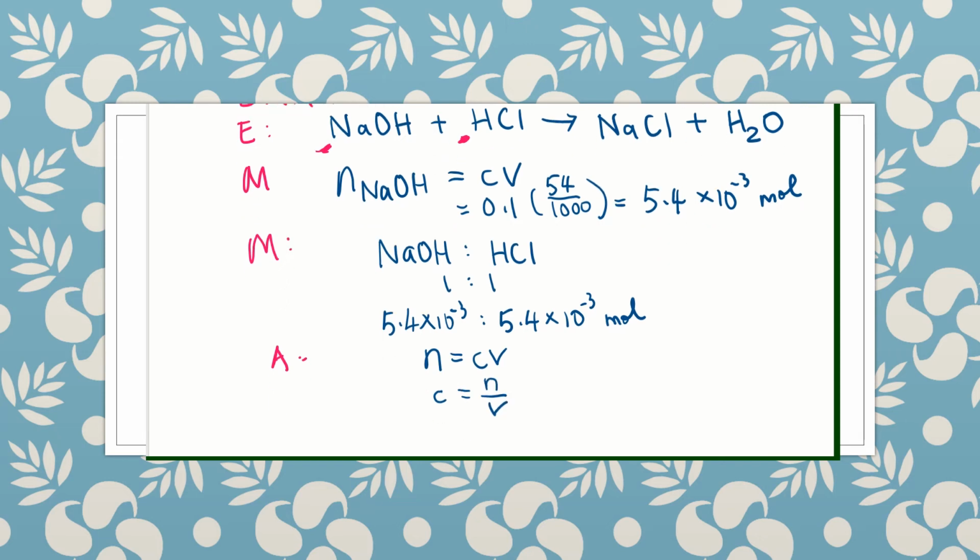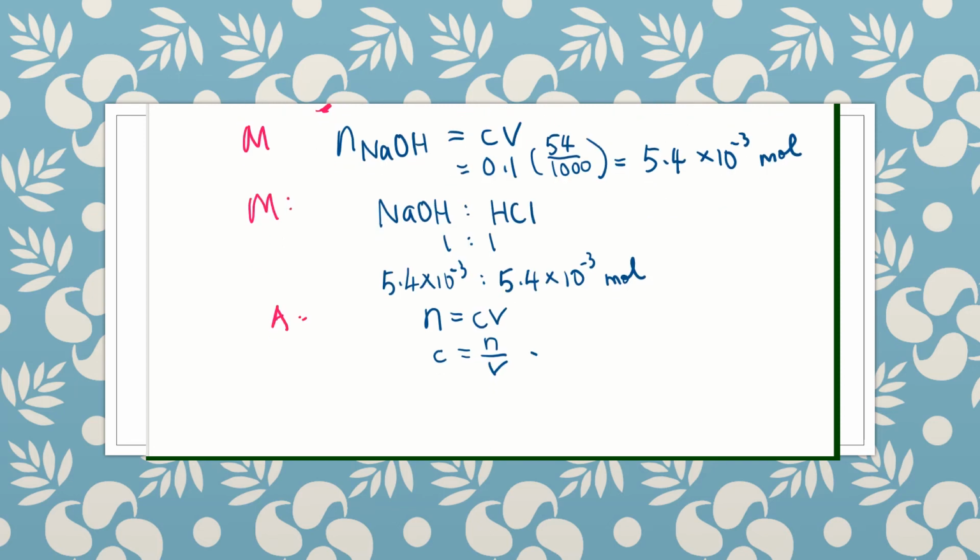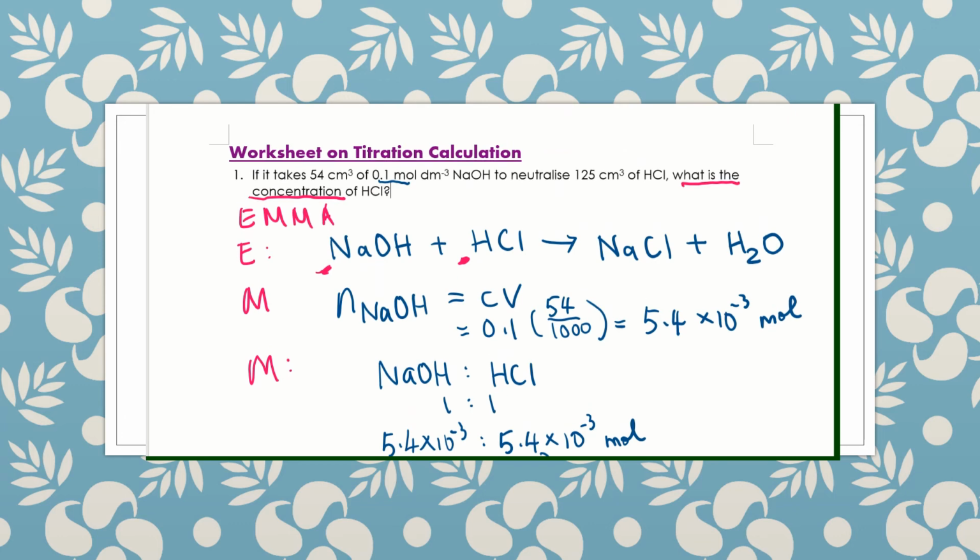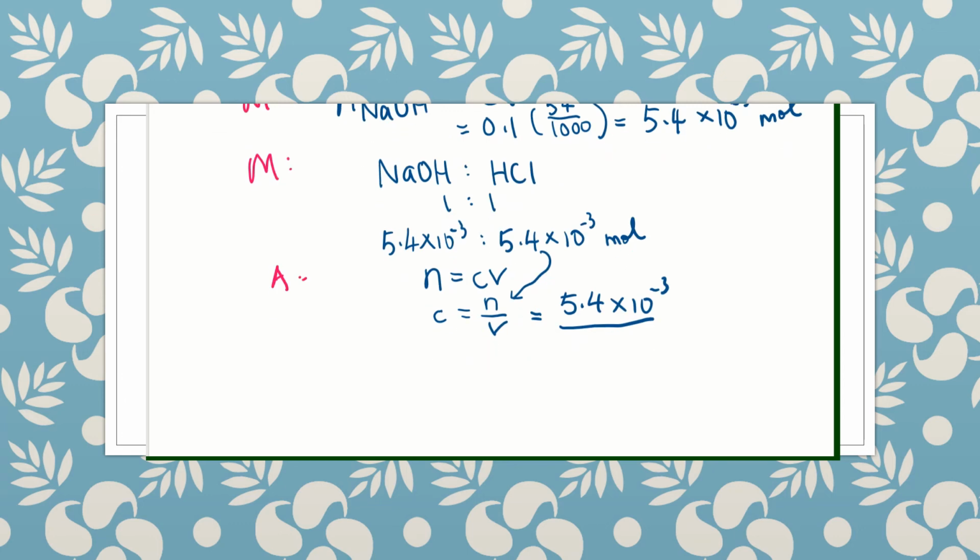The n is the number of mole, so I'm going to substitute n here as 5.4 × 10⁻³, and the volume given in the question is 125 cm³. Again, as usual, volume needs to be expressed in dm³, and to do so, you just need to divide by 1000, and you come to the answer of 0.0432 mol per dm³.